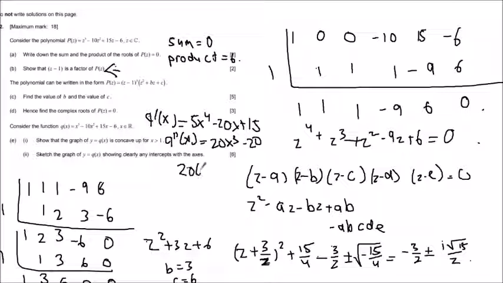And this is 20 times (x cubed minus 1), so 20 times (x squared plus x plus 1) times (x minus 1). Right? Is that correct? x cubed minus x squared plus x squared minus x plus x.